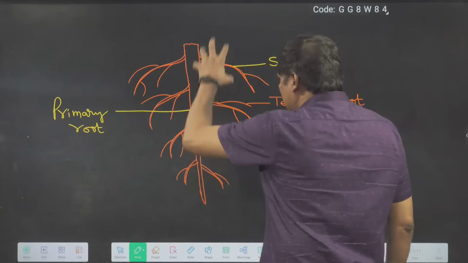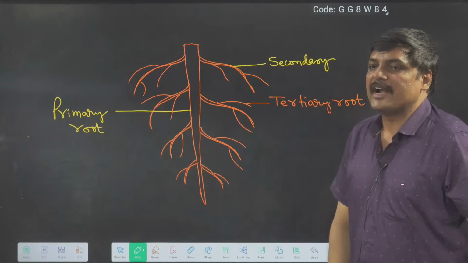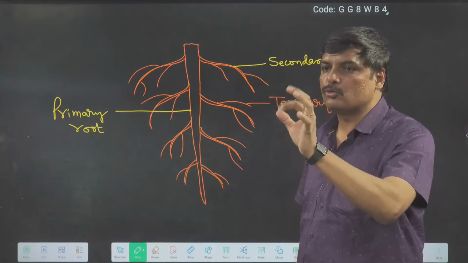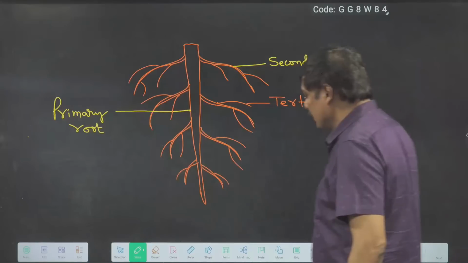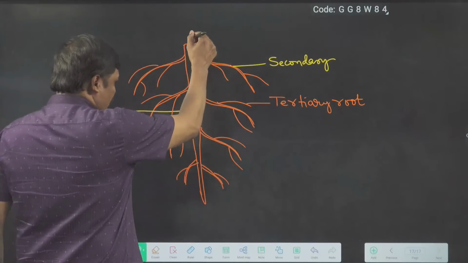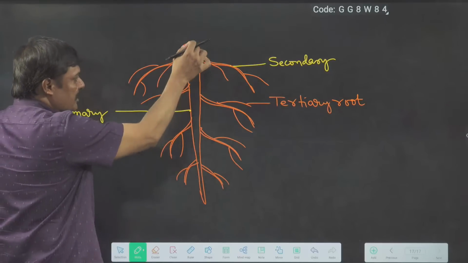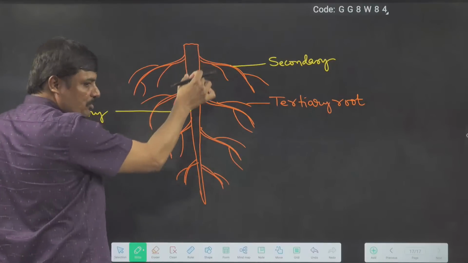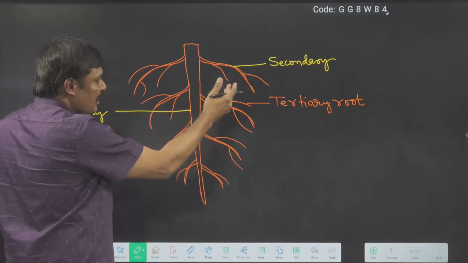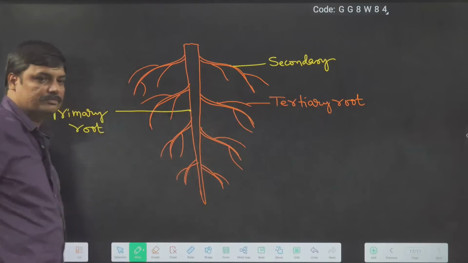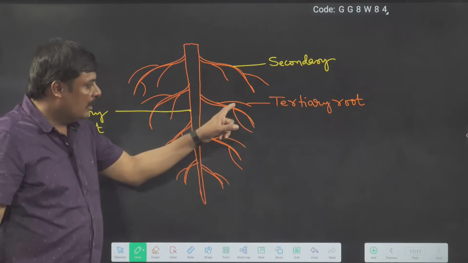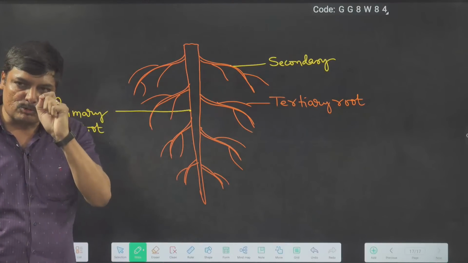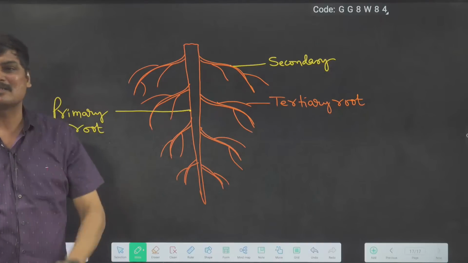The ultimate branches of these roots are called rootlets. Understand? This is the primary root, which is the direct elongation of the radicle, and this primary root produces secondary roots. Secondary roots produce tertiary roots, and the ultimate branches are called rootlets, and these rootlets possess root hairs.